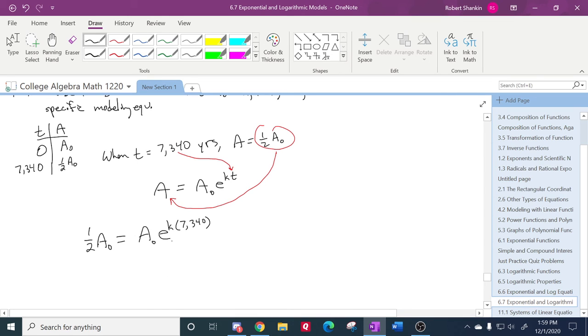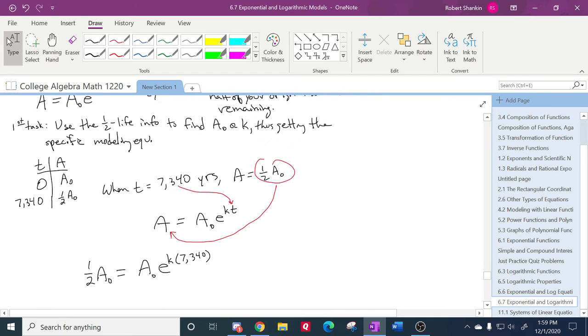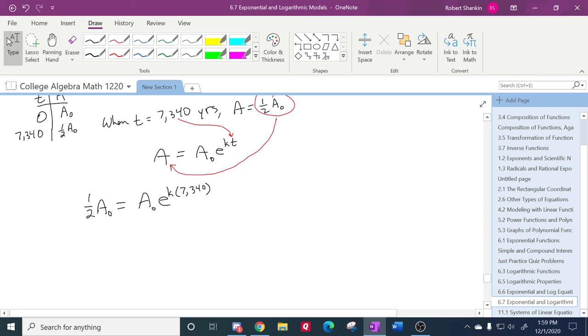Alright, now notice I'm never given in the original problem how much I started with, how many kilograms. It doesn't tell us. Turns out we don't need it. There's no way to solve this for a0, but the a0 just divides out.